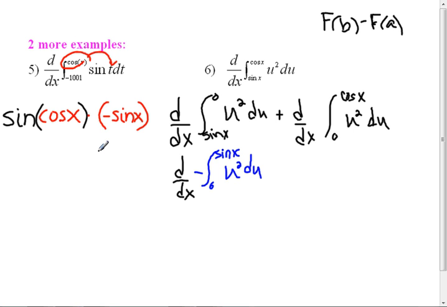Plus, and we could go ahead and do this one. What's this going to be? You're just going to substitute cosine of x in for u, so it's going to be cosine of x squared times the derivative of the cosine function, which is negative sine.